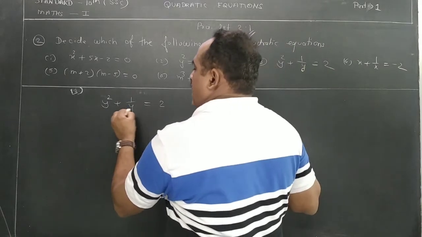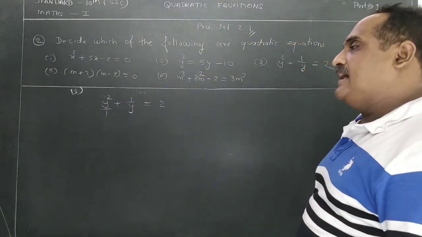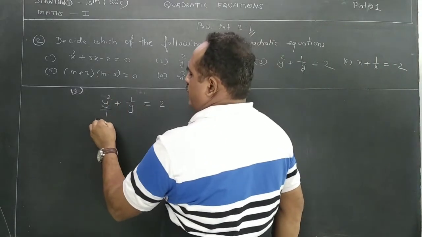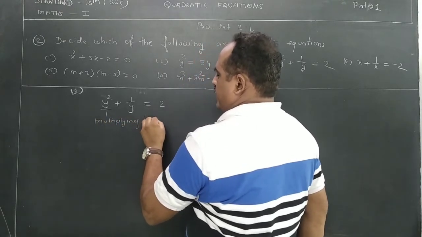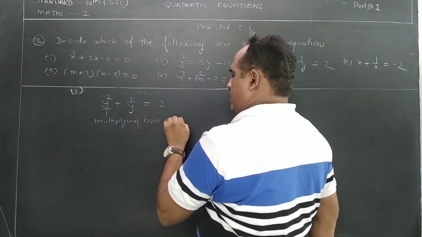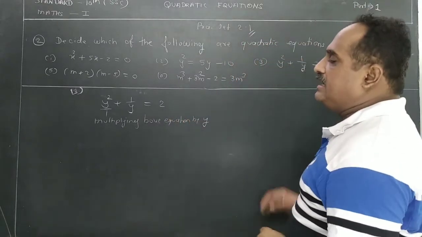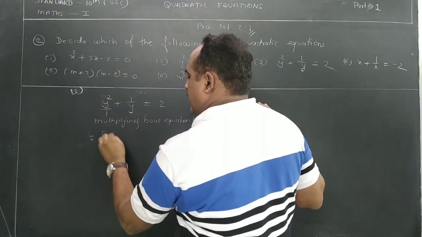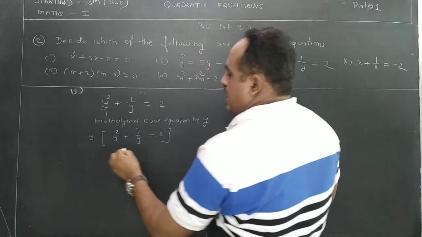Here the term is 1 upon y, so as we did in the linear equation, the same thing I want to do. What do I want to write? Multiplying the above equation by y. If I multiply the above equation by y, we can write y in bracket y square plus 1 upon y is equal to 2y.